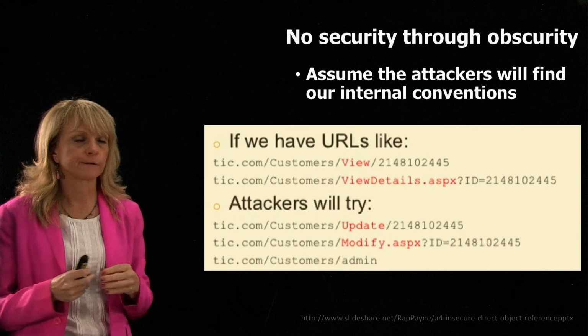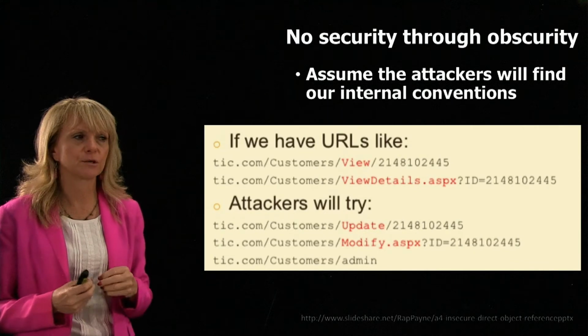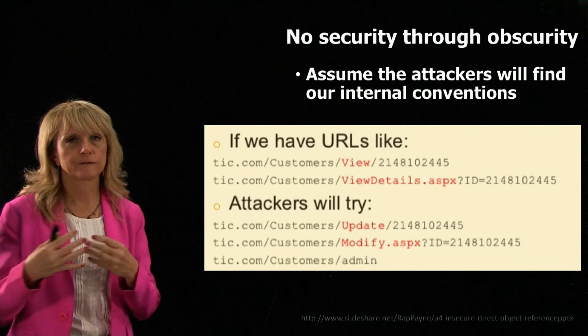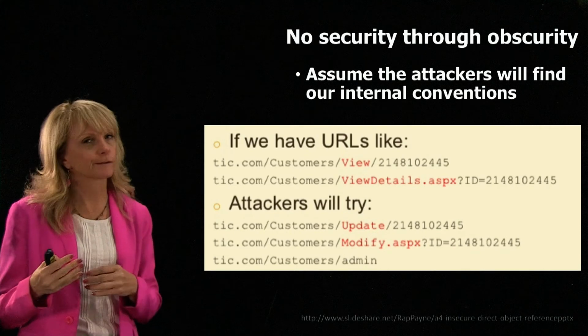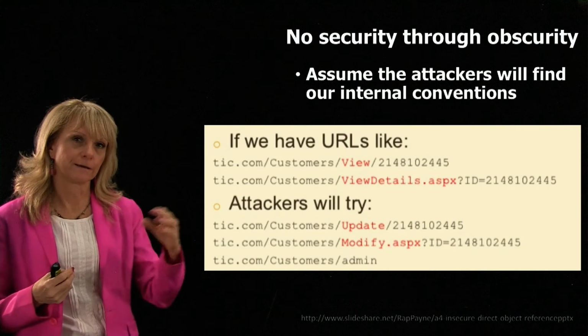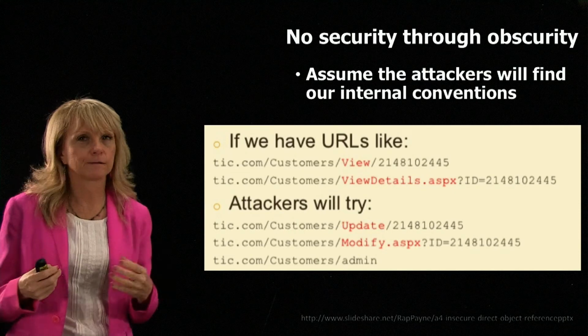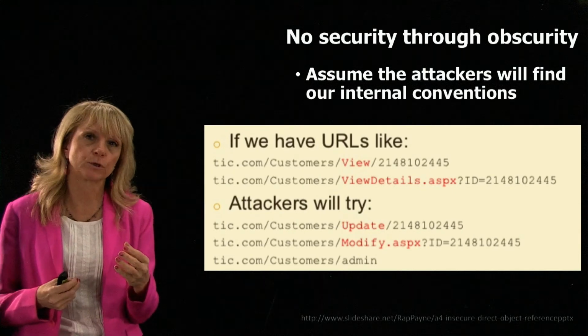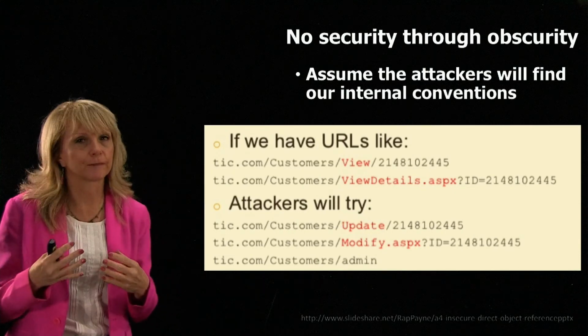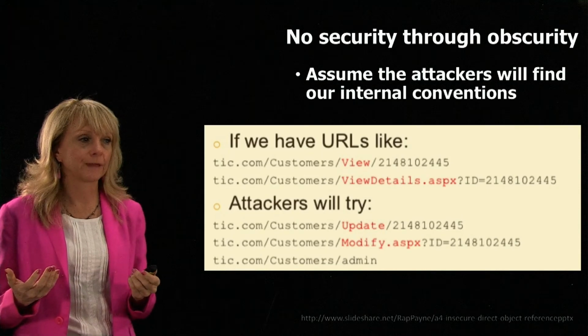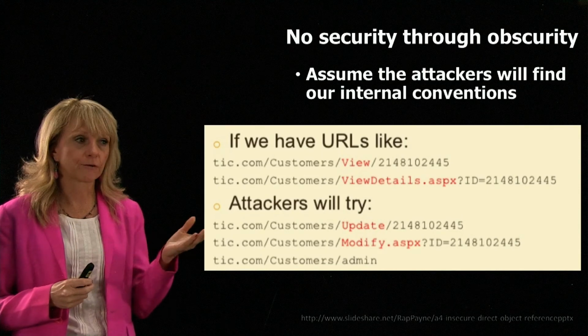Or view details, maybe I can change that to modify. And so they can play around with your URLs even if you're not using the GET protocol. They might try to signal off of your URLs and play around with it. And that's the type of thing that you want to protect from.